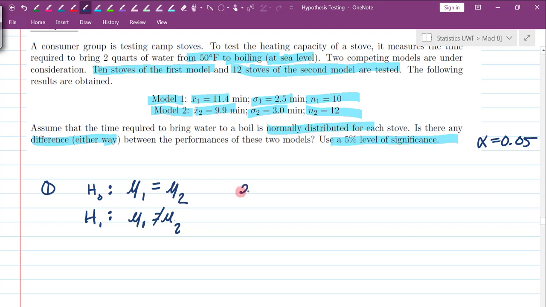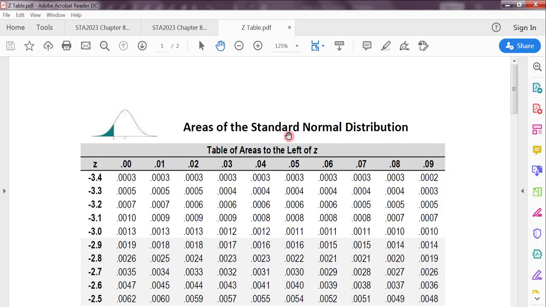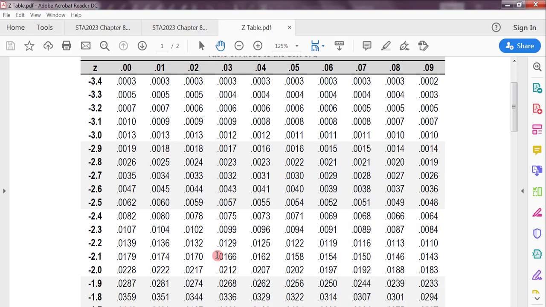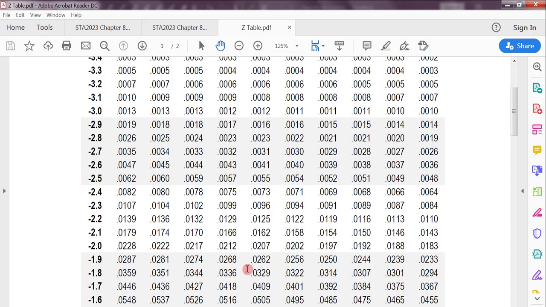Step 2 says I'm on a Z distribution. Step 3, I need to identify my critical value, and so it's a 2-tailed test, so that's going to be 0.025 in the tail. So I'm going to pull up my tables. I'm going to look up 0.025 right here.